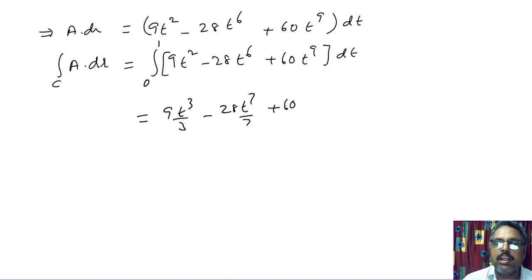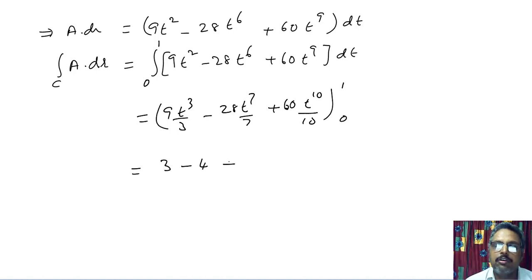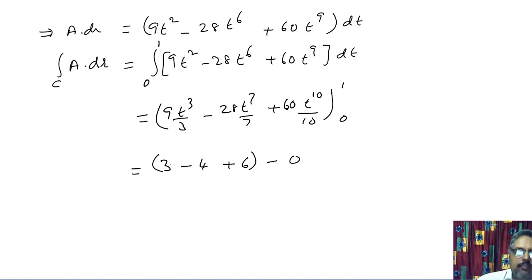So this is 3 − 4 + 6, which is 5. Hence the integral of A dot dr along C equals 5 only. Very simple question. In a similar way, I will give another question.